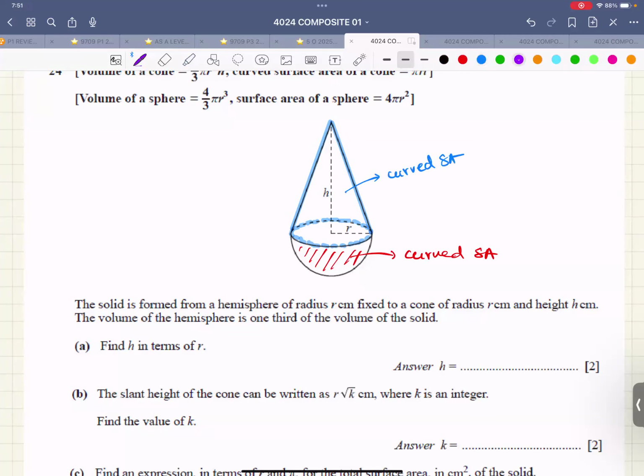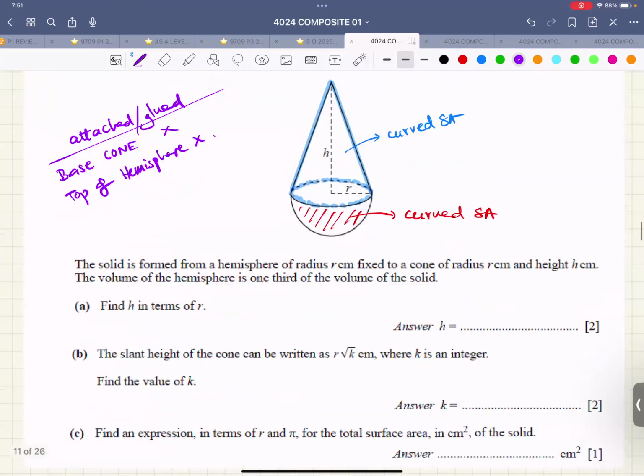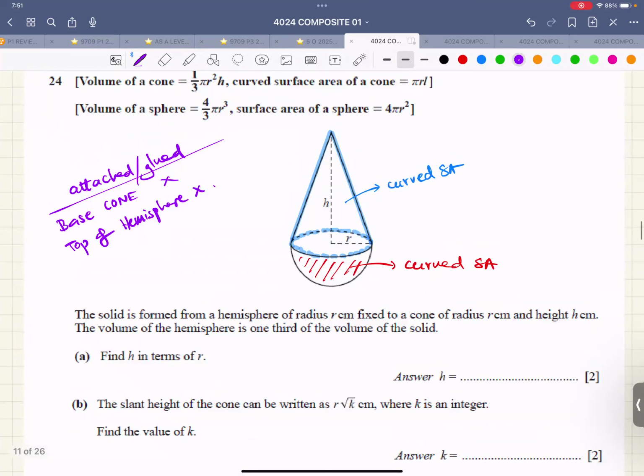So what is missing? Since it is attached, this is glued together. So if it's glued together, that means the base of cone, it's gone. And the top of hemisphere is gone. Got the idea? So now it says, find h in terms of r.